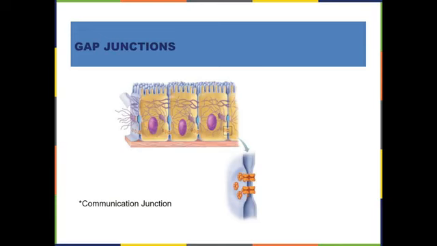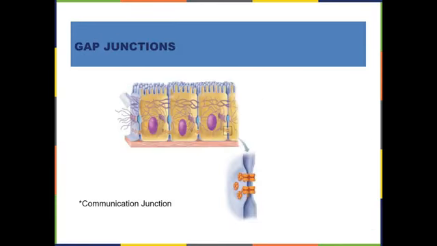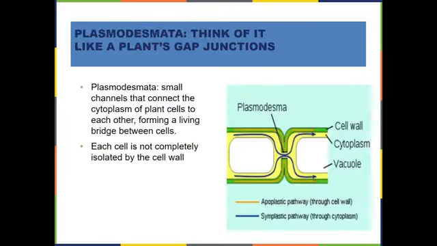Gap junctions are in animal cells, whereas plasmodesmata are in plant cells. They have a very similar function. Both are communicating junctions. Here we see the orange channel-like integral proteins creating a way for small ions and other substances to go from cell to cell. In plant cells, we have the same thing, a communicating junction that's connecting cell cytoplasms, but it's connecting adjacent plant cells, whereas gap junctions were connecting adjacent animal cells.